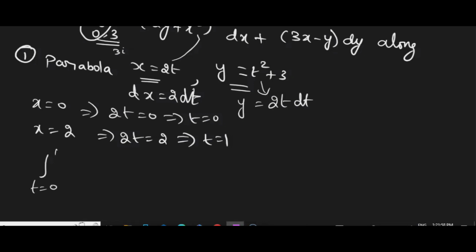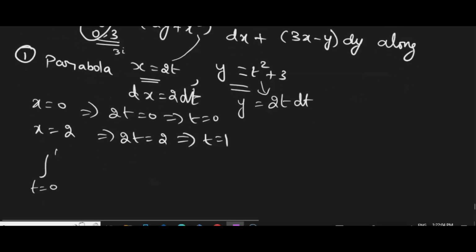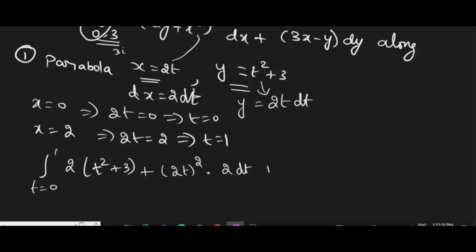What was there in your question? In your question, 2y plus x square. So this is 2 into, what is y? T square plus 3, plus x square. What is x? 2t the whole square, into dx, which is 2 dt, plus 3x.